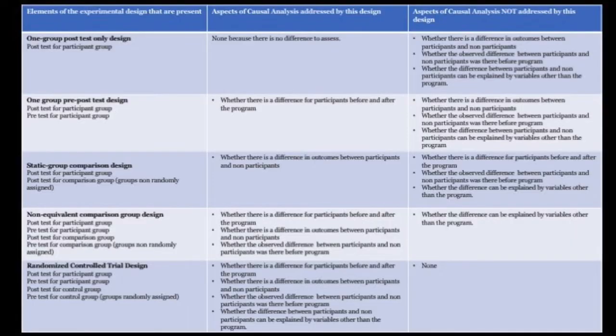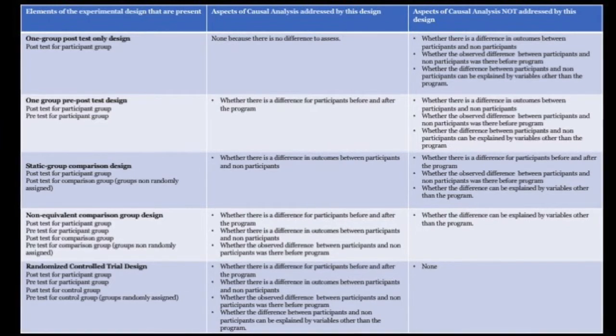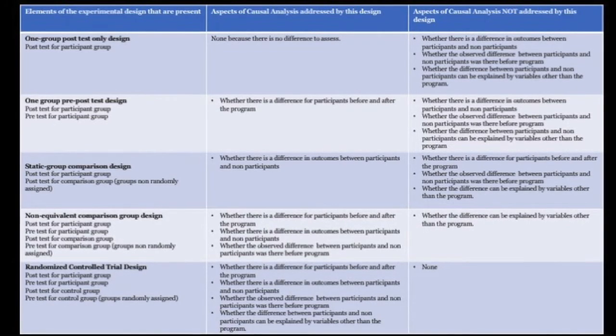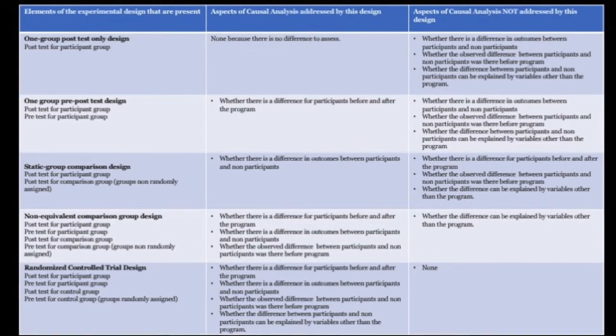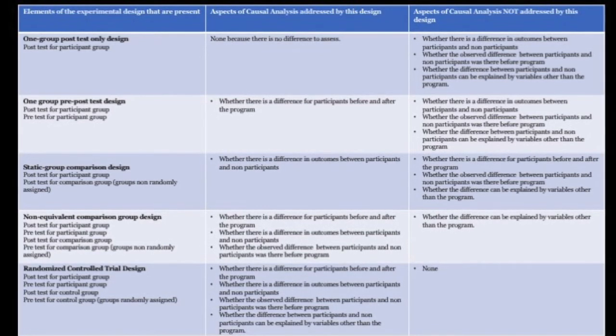So when we talked about the one group post-test only design, the only thing that you are looking at is the outcomes for program participants after the program, right? You're missing a pre-test, you're missing a control group, you're missing random assignment. So you don't have any of the elements.